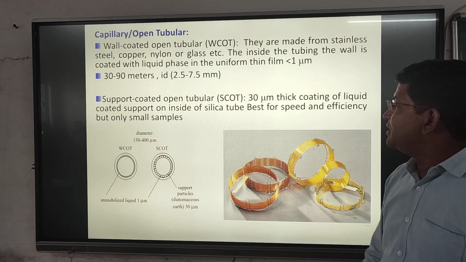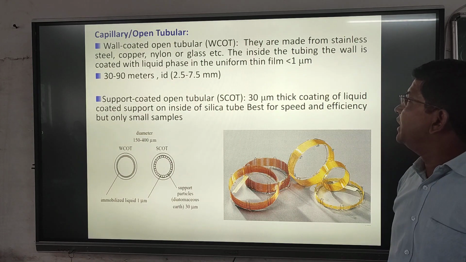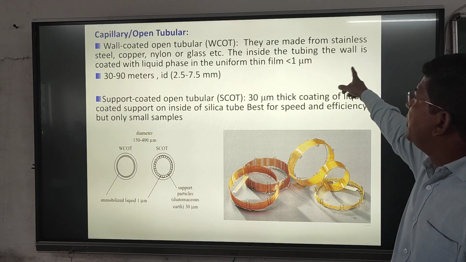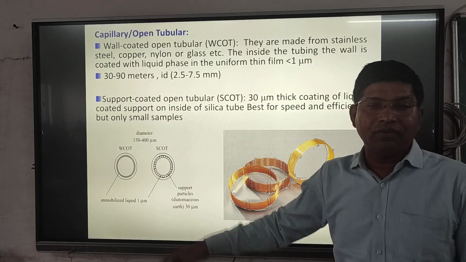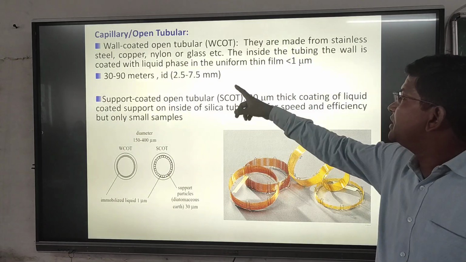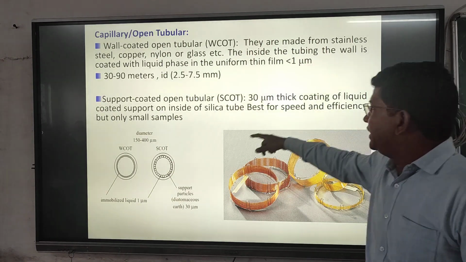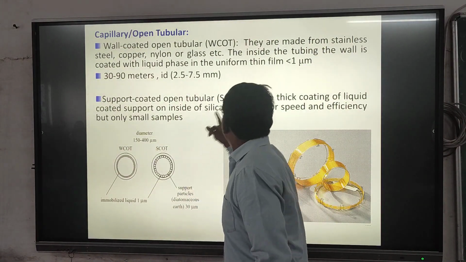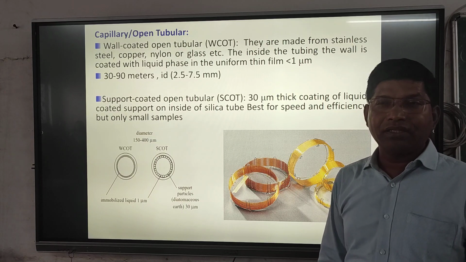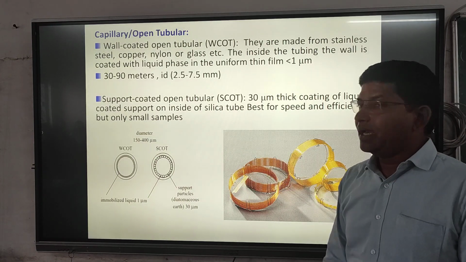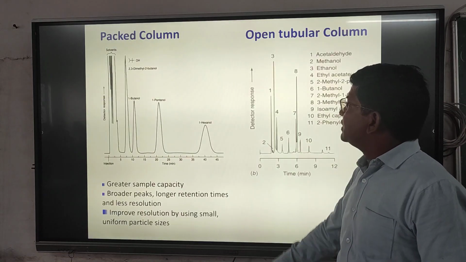And another one is what we call wall coated open tubular. They are made from stainless steel, copper, nylon or glass. The outer base material is made up of steel, copper, nylon or glass, and inside the coating material is less than 1 micrometer size, and that is the stationary phase where the compound mixture gets separated.